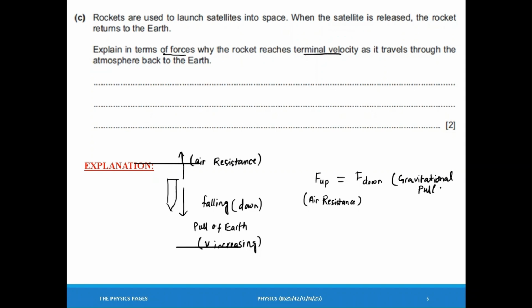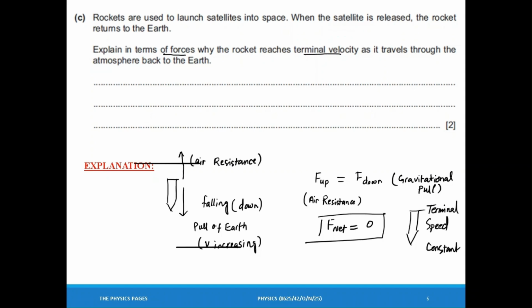When these become equal, because these forces are balanced, the net force becomes zero. So whatever the speed at that moment acquired by the rocket, that speed becomes constant because no net force is acting on it. So this constant speed is called terminal speed.